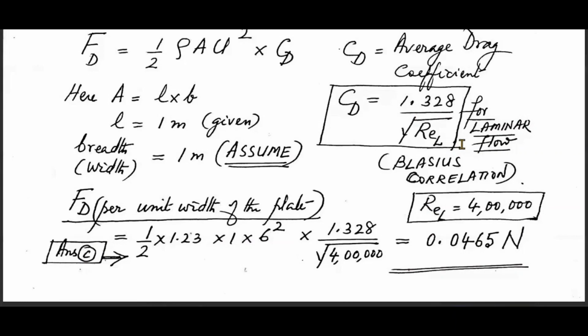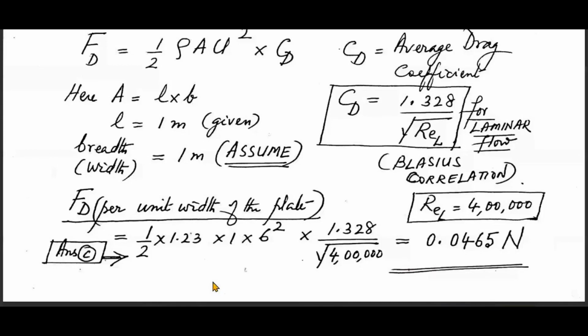Once you get the CD value, you find the FD per unit width of the plate. Again, if you consider both sides, then that will definitely be multiplied by 2, because here we are considering one side of the plate. So this is the frictional or drag force acting on one side of the plate, upper surface or bottom surface.